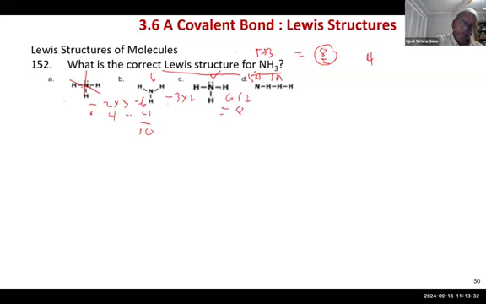So this should be the correct answer. The connectivity is not correct here, and there are only 6 electrons. Therefore, that's not the correct answer. The correct answer is C.